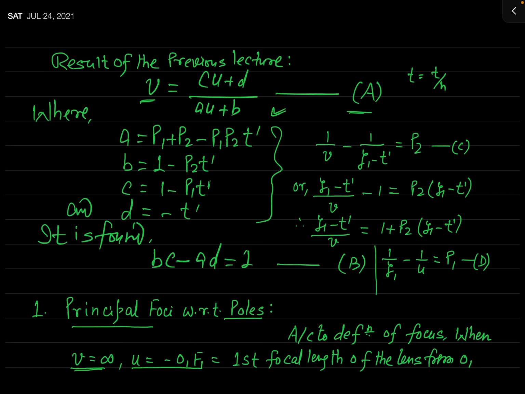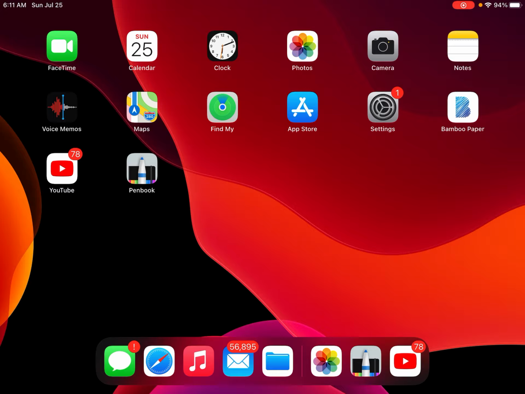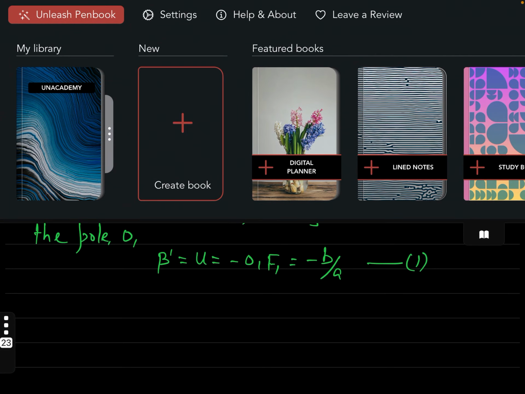Simply we will take in the RHS u equal to infinity, and then the value of v obtained will be simply equal to the second focal length. So you can say, when, sorry, the page was just turned, so let us see.